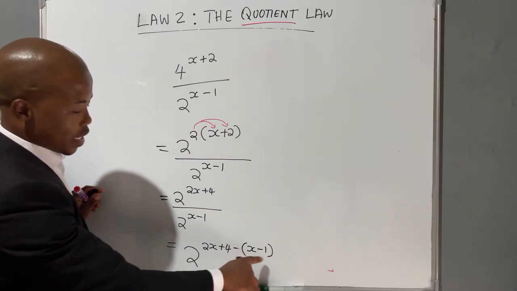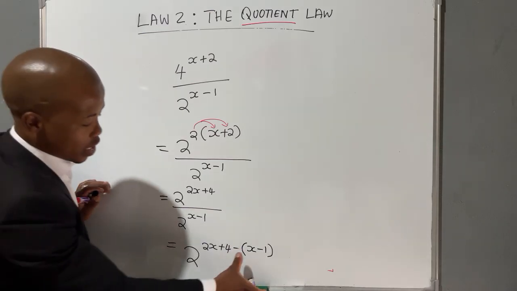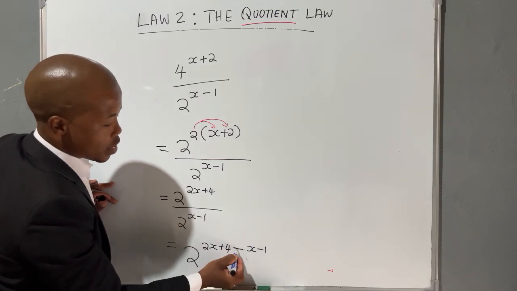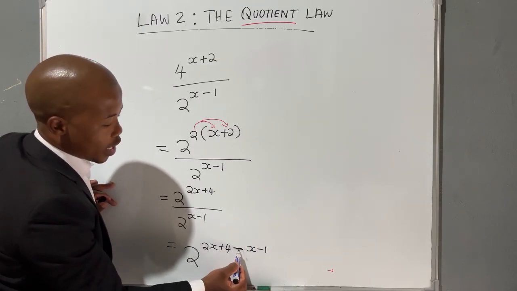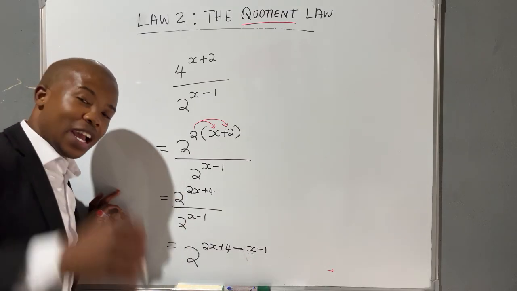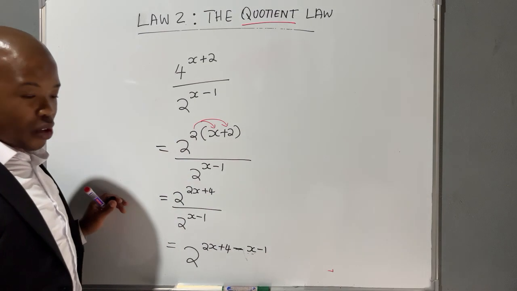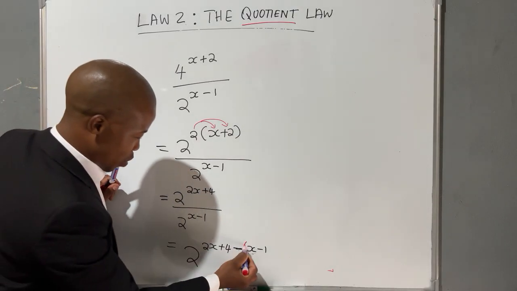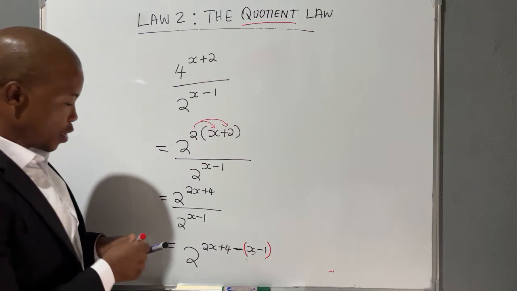This is the danger of not putting it in brackets. If you don't put it in brackets, then only the negative will affect this exponent and not this -1. Then your calculation will be wrong. Always put this whole thing in brackets, right?